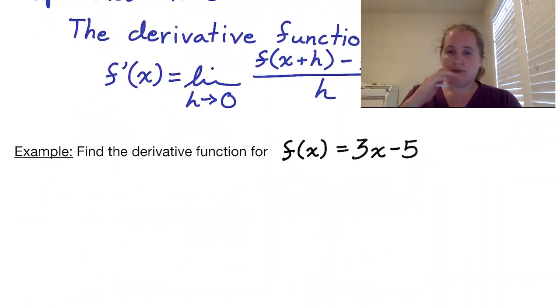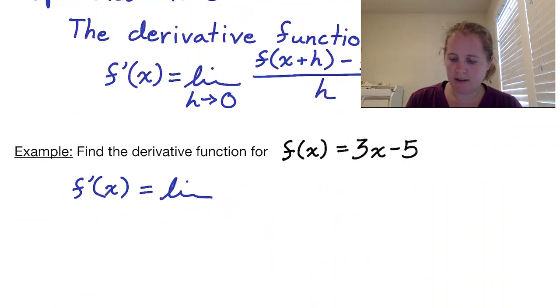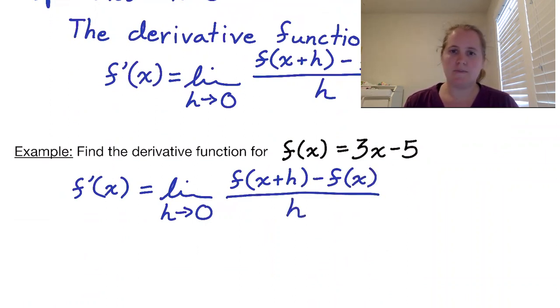So let's go ahead and find the derivative function for f of x equals 3x minus 5. So we have f prime of x is equal to the limit as h goes to 0 of f of x plus h minus f of x all over h.